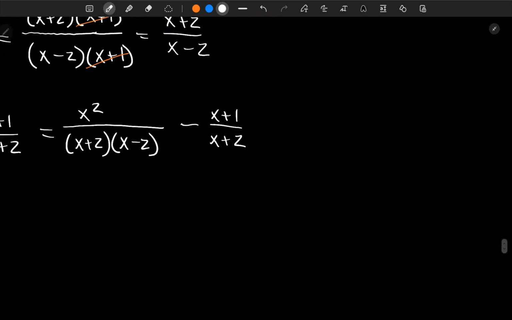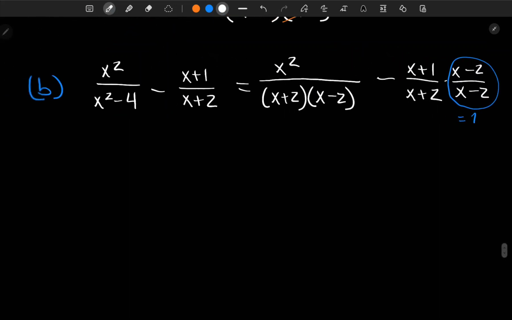To make the denominators the same, we multiply the second term by x minus 2 over x minus 2, because this fraction in total is equal to 1, so it doesn't change our expression at all.